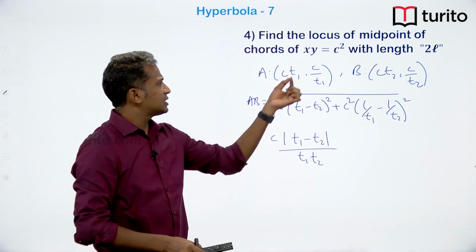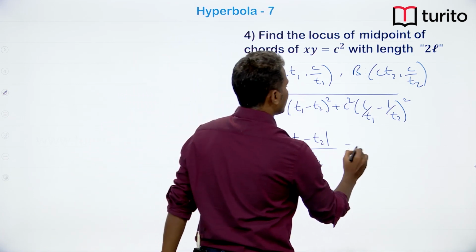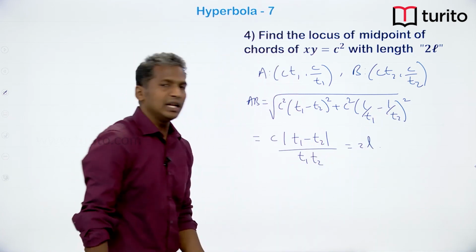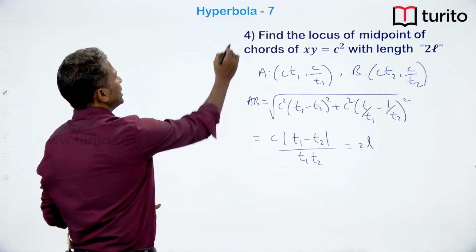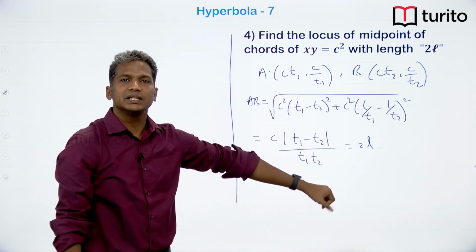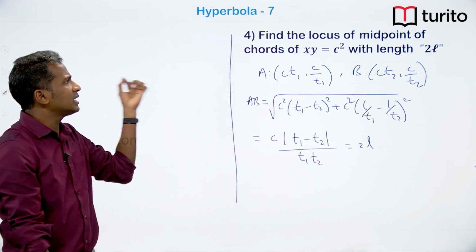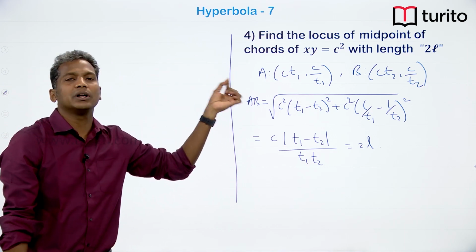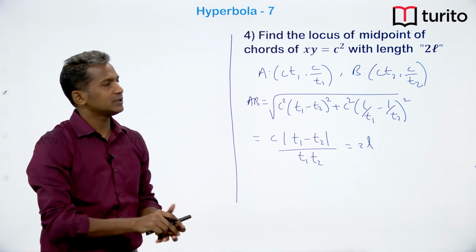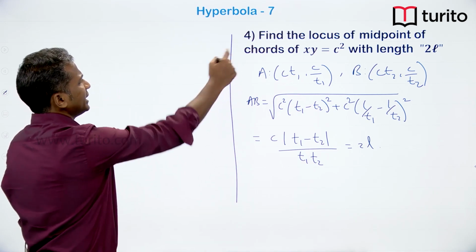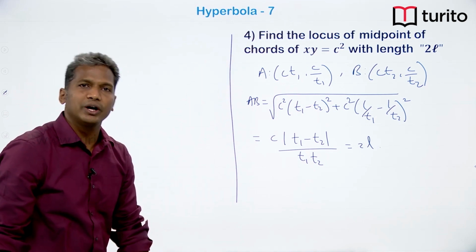Now this is given as 2L. So we will keep this aside and we will decide what to do with this at a later stage, after we get some equation for the chord and also in terms of the midpoint. We are interested in finding the locus of the midpoint.